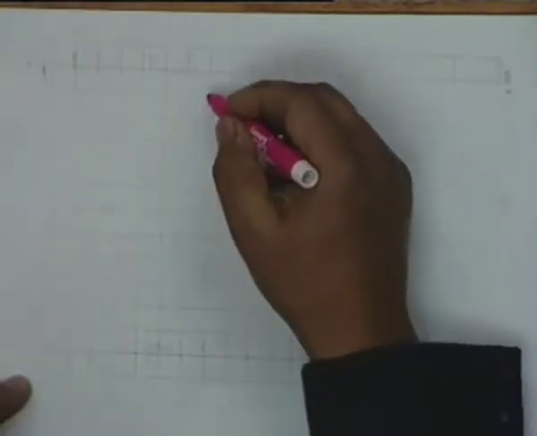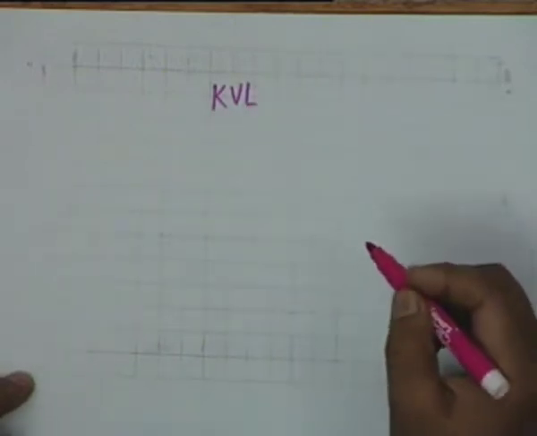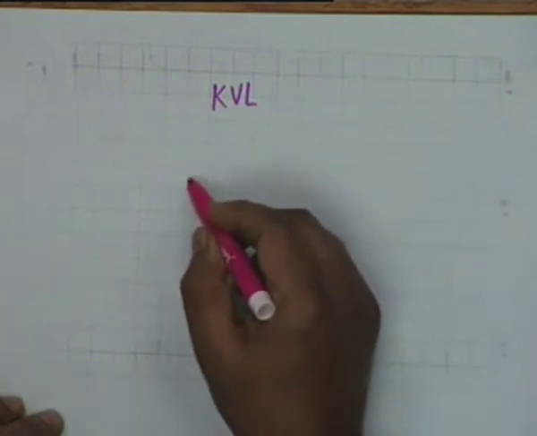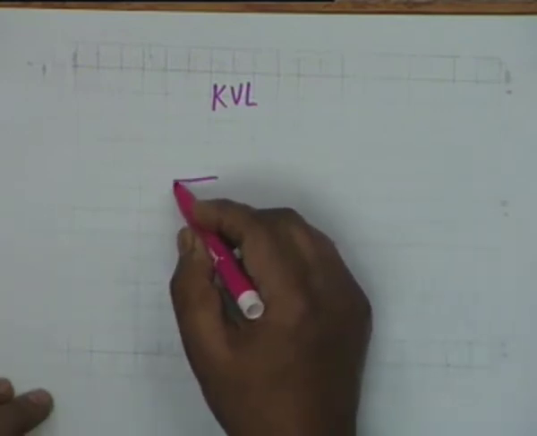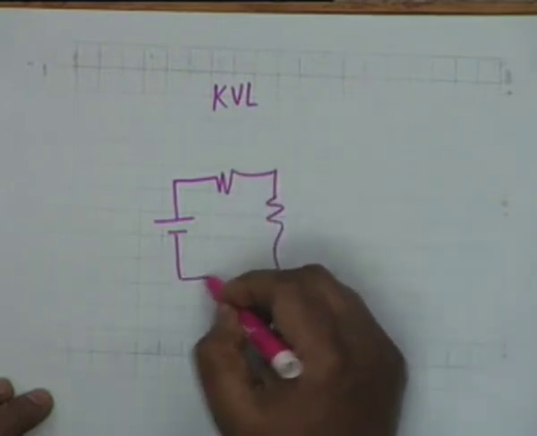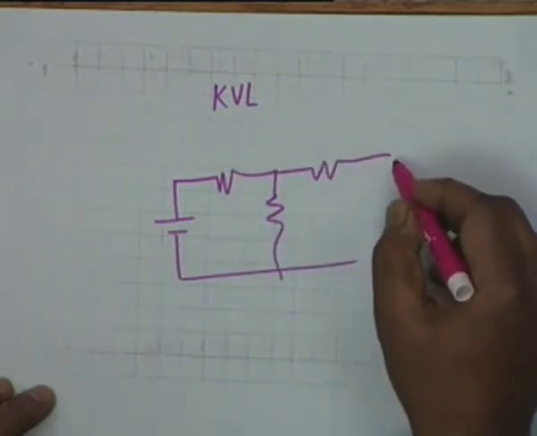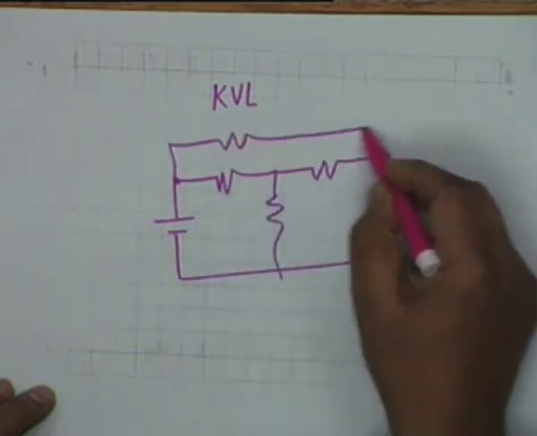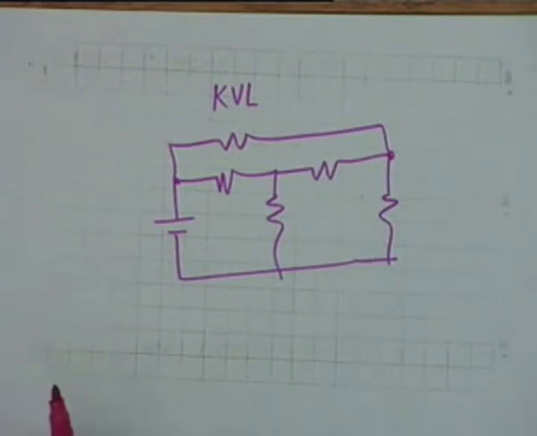KVL, on the other hand, relates to a closed path. For example, you have a battery, a resistance, another resistance here, perhaps a fourth resistance, and perhaps another resistance. This is a network.